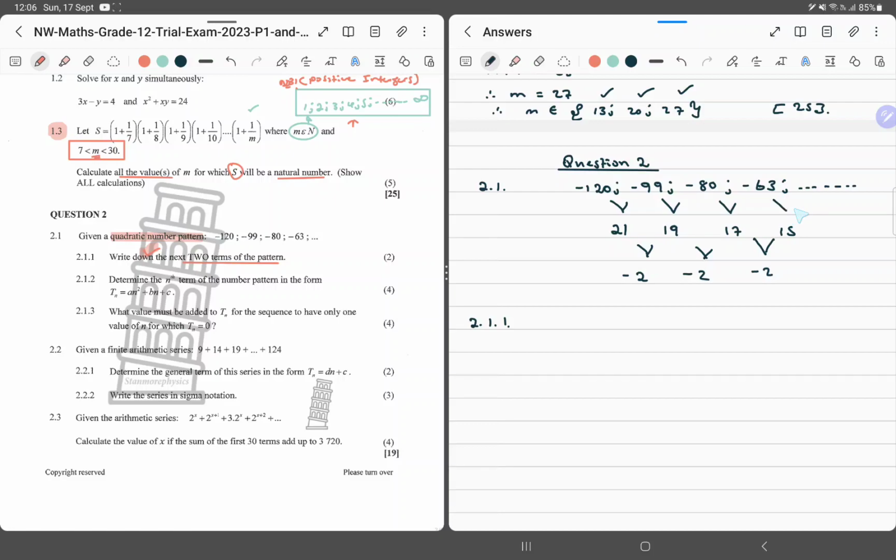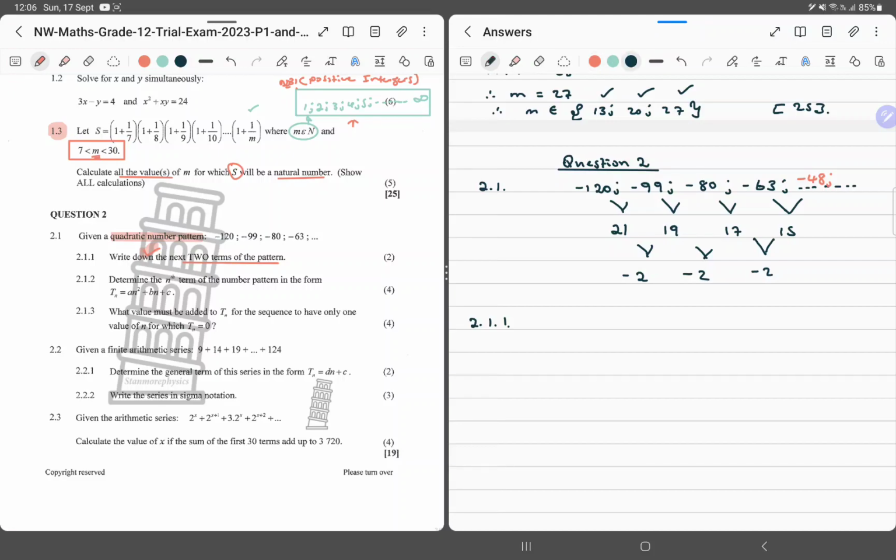And then we know that this one would be the difference between this term and the next. So the next term here is going to be minus 63 plus 15. Sorry. It gives us a minus 48. That's the next term.